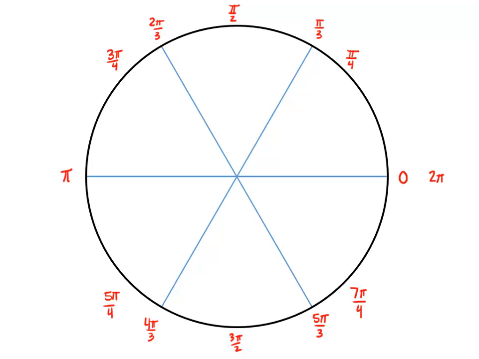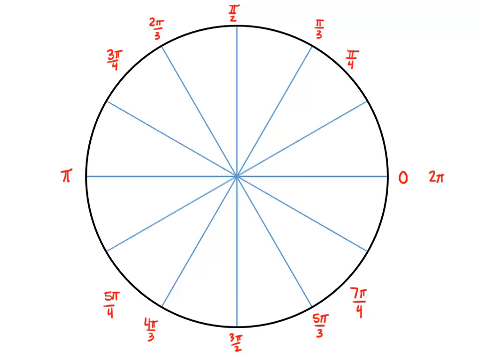Okay, and then finally, let's take each of those and split each of those in halves. So now we've got 1, 2, 3, 4, 5, 6 equal pieces on top. So this is pi being split into 6 pieces. So this is 1 pi over 6.